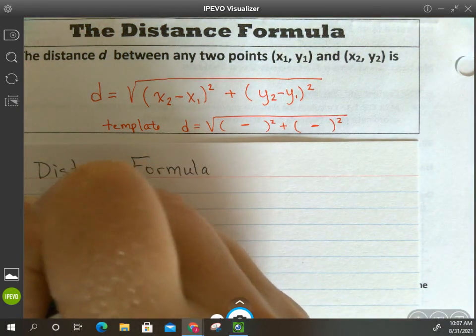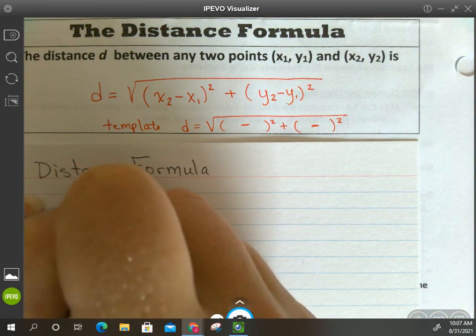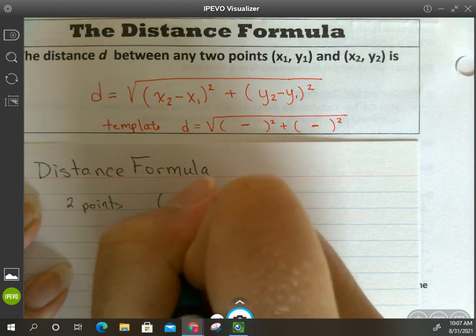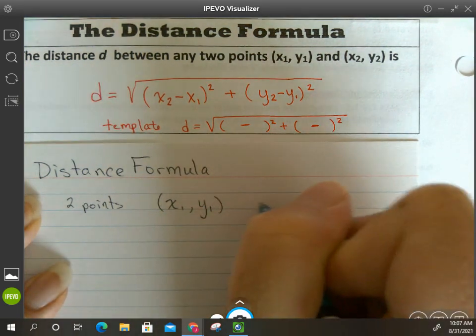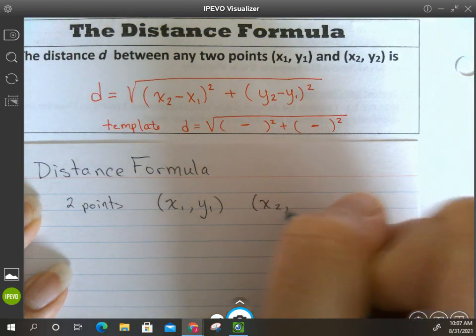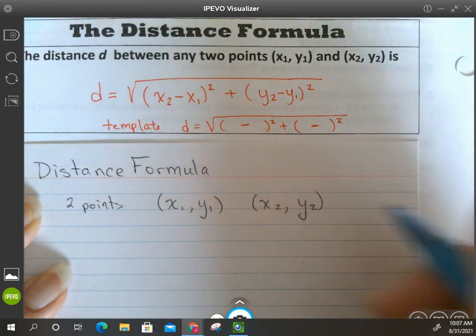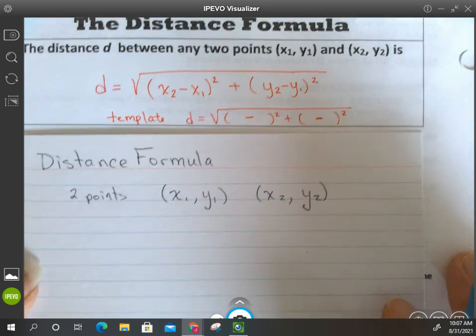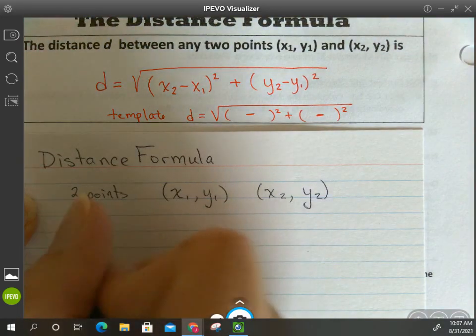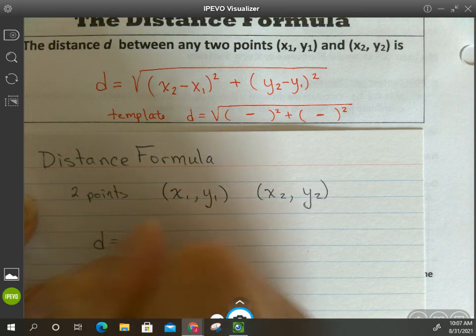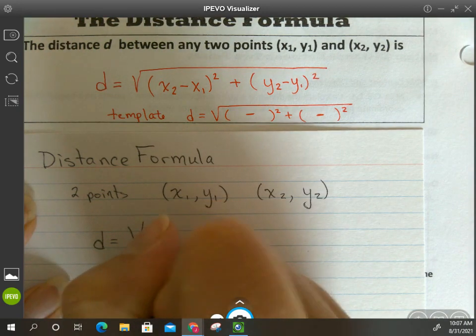I want to remind you that we have 2 points. And when we go to do the distance formula, we have those ordered pairs as x1, y1, and x2, y2. So that's the first thing, is we always have the 2 ordered pairs just like they have here. And then let's go ahead and fill out the distance formula. I'm going to make it nice and big for mine.